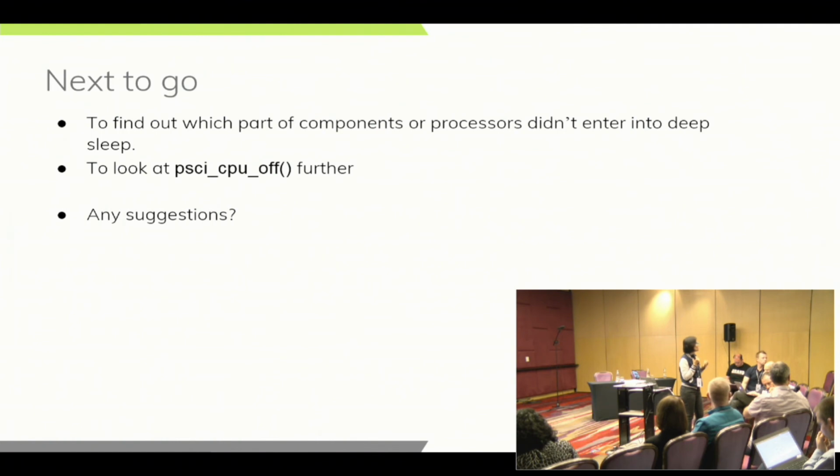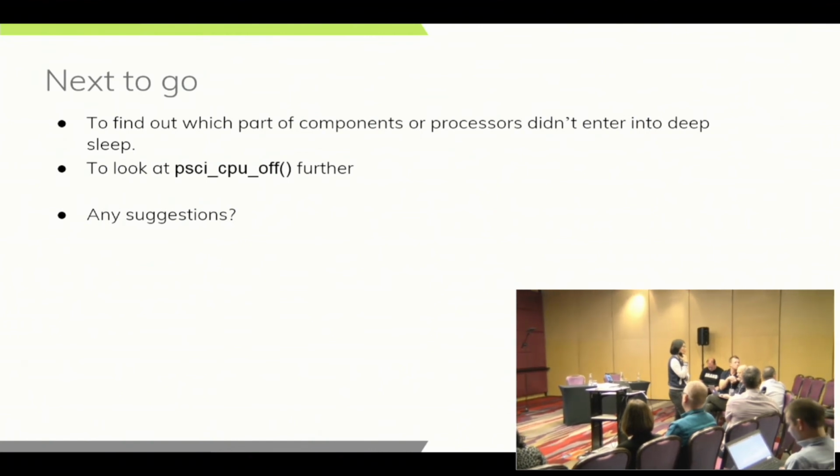Sometimes the difference is the wake up source, for example, for suspend to RAM, the wake up source is usually the gate or interrupt controller, which source can wake up the system. So maybe these two different power states have different configuration.